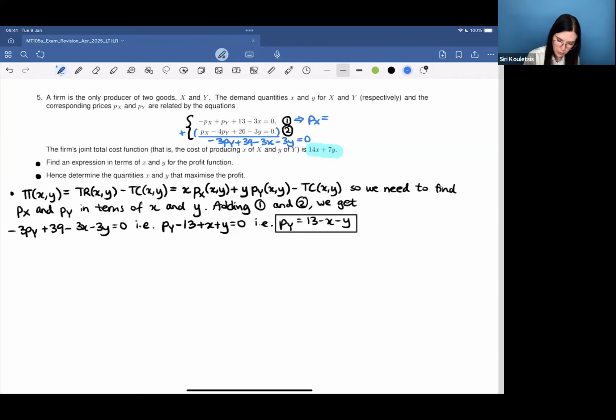And now we're going to plug this expression for py in here, and then we'll have px in terms of x and y.